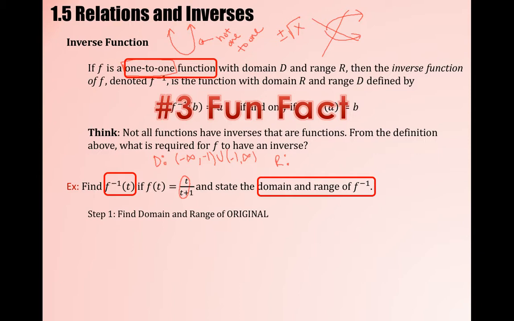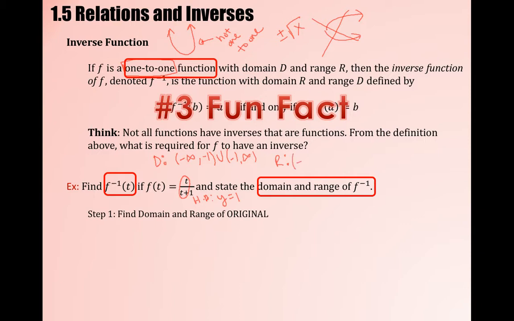So it's not, remember, top heavy, bottom heavy. These are the same. They both have a power of 1. They're the same degree, so it's going to be the ratio of the leading coefficients. So I'm going to end up with a horizontal asymptote at y equals 1, right? It's 1 over 1.